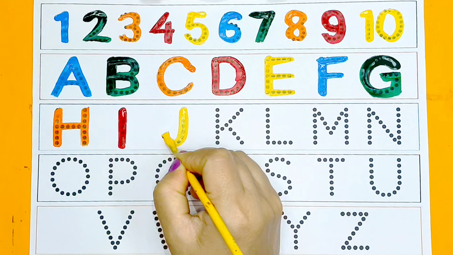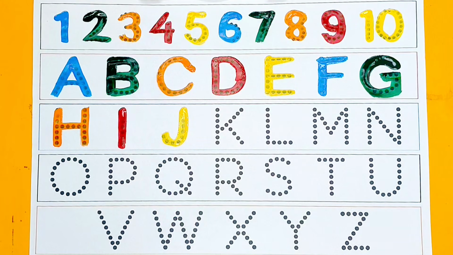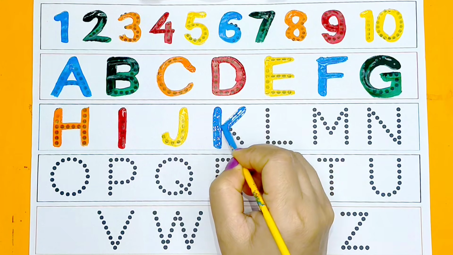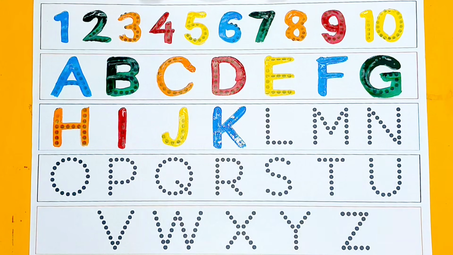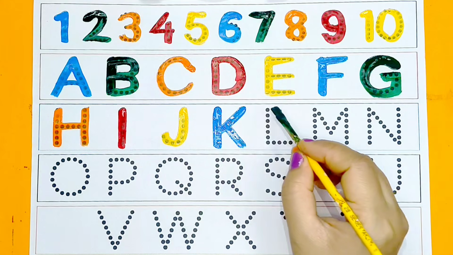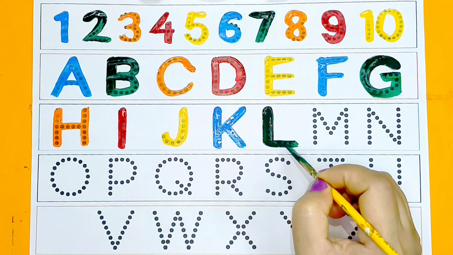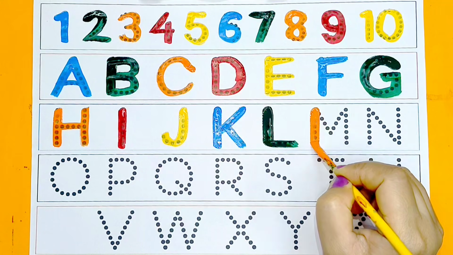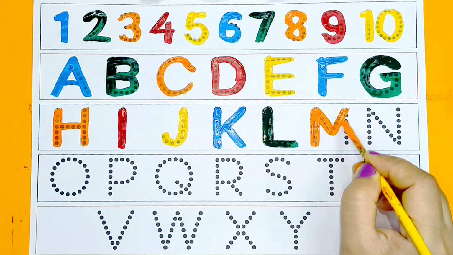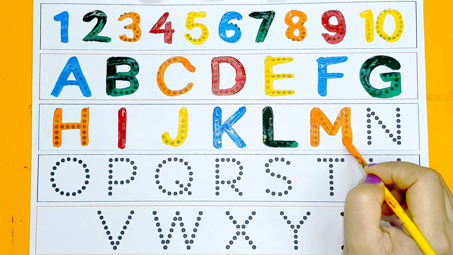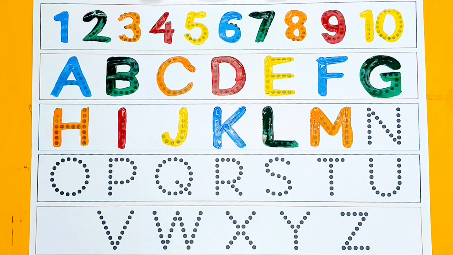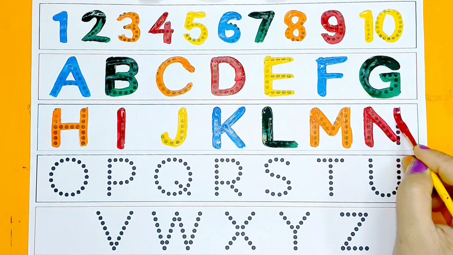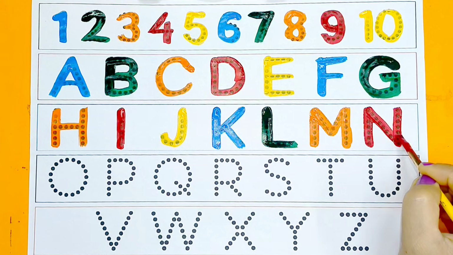J. J for joker. K. K for kangaroo. L. L for lemon. M. M for monkey. N. N for nest.